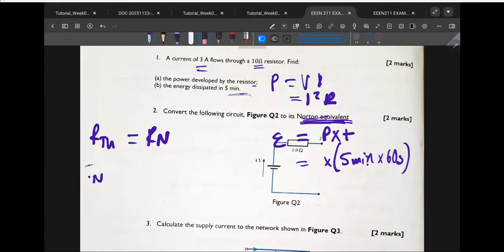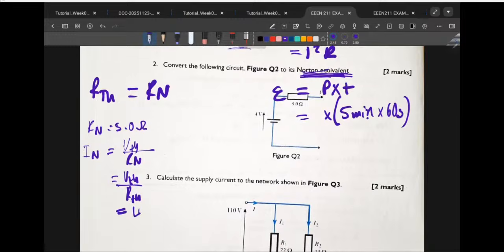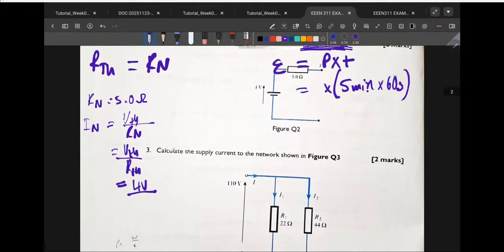Then to get I Norton is just saying V is equal to IR, or I is equal to V over R. So here it will be V Thevenin over R Thevenin, which is going to be 4 volts over 5.0 ohms.